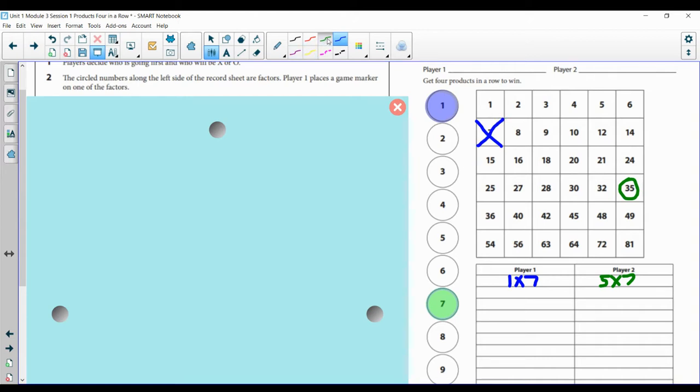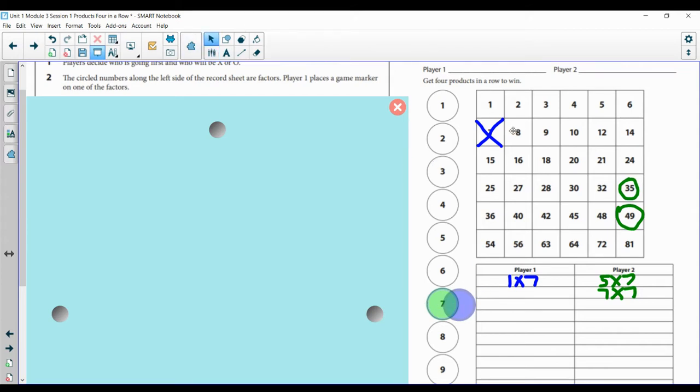Now, again, green gets to go. So the green person gets to move one of the chips again, either one. Now they're going to be looking to try keeping it around here. I'm going to move this blue one onto 7, because 7 times 7 is 49. So then I get my green pen out, and I write 7 times 7, and then I circle an O on the 49. Again, blue will go back and then move one of them.